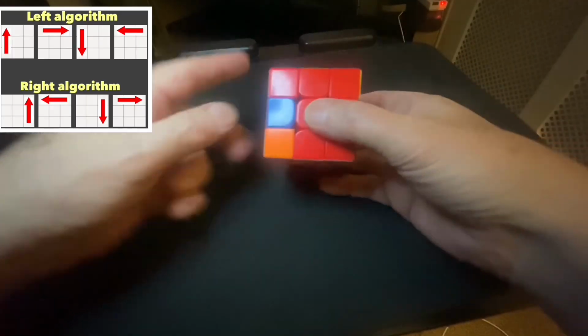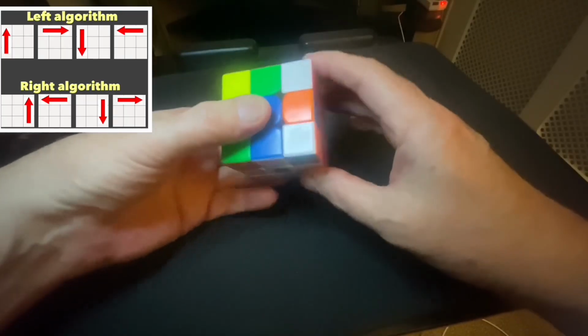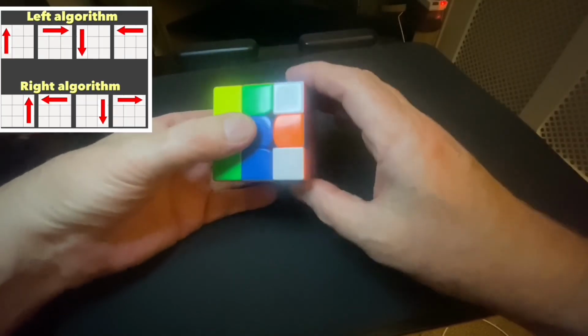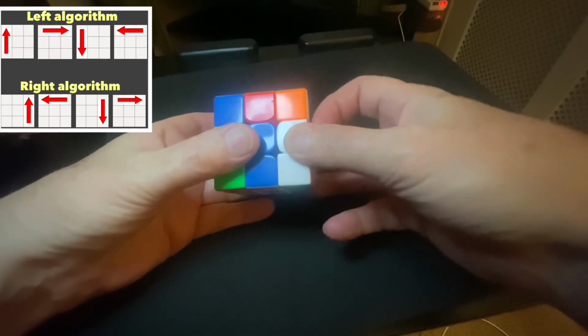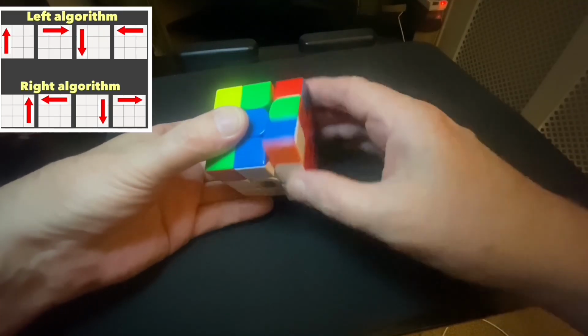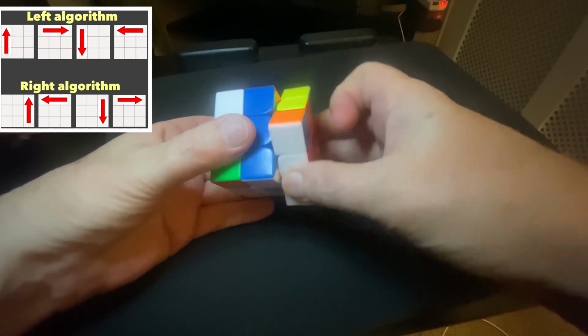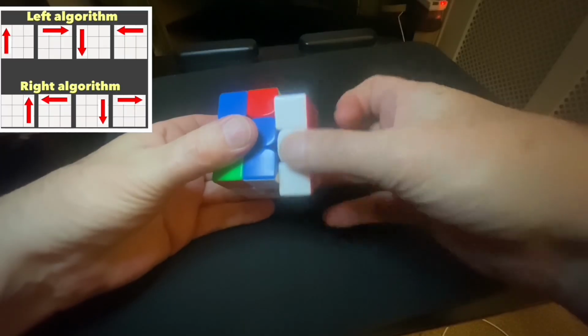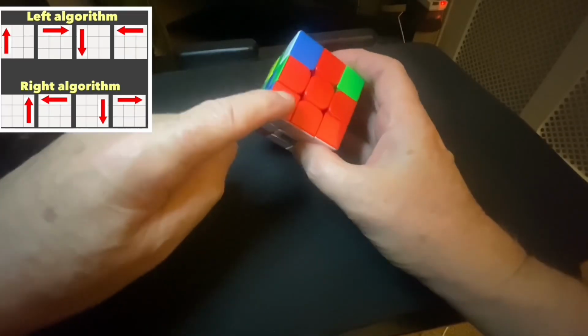If it's on the left side, I just do the left algorithms until it falls into place. So to get that to there, right algorithms, and there you go, it's in place, white, red and blue.